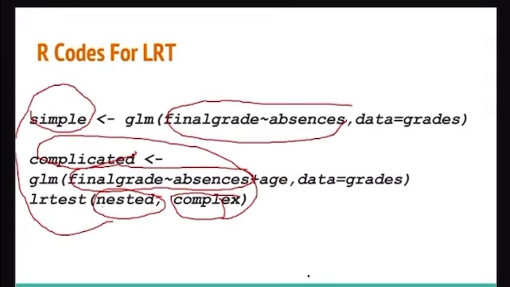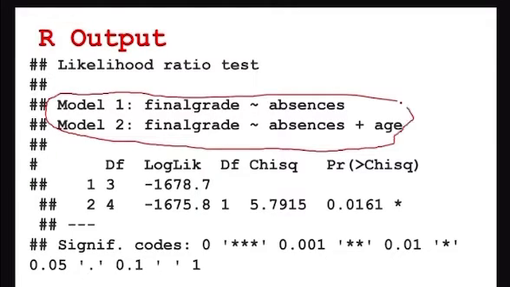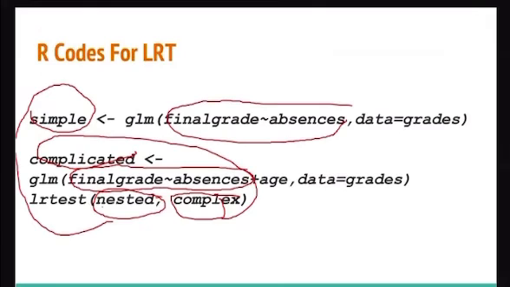Okay. Let's see the way R is going to display the results. Oh my God. R is going to display the result in this way. R is even going to tell you your model 1 and model 2. You see, model 1 is the simple model. Model 2 is the complicated model. But you know what I'm doing here? I did not use all the explanatory variables.